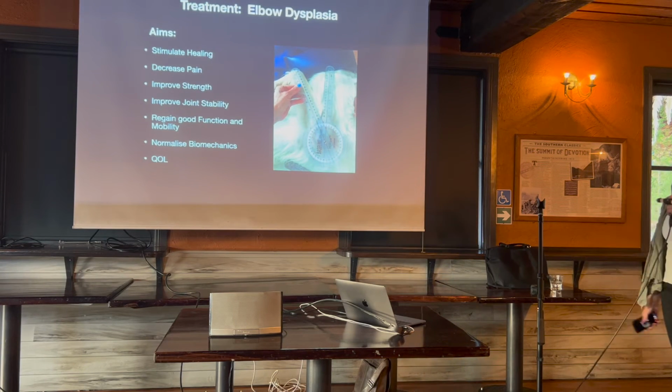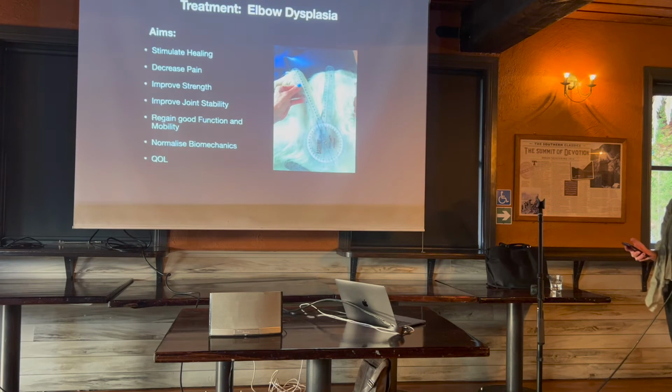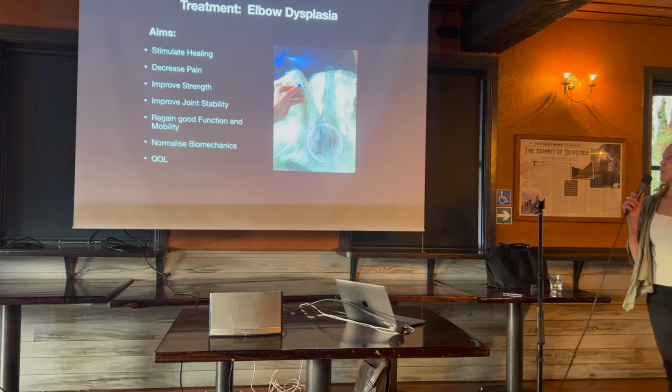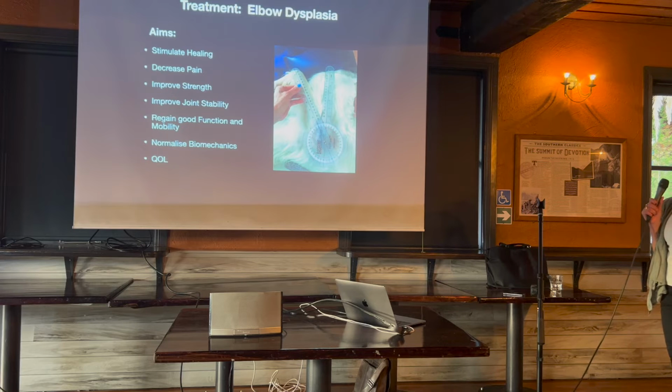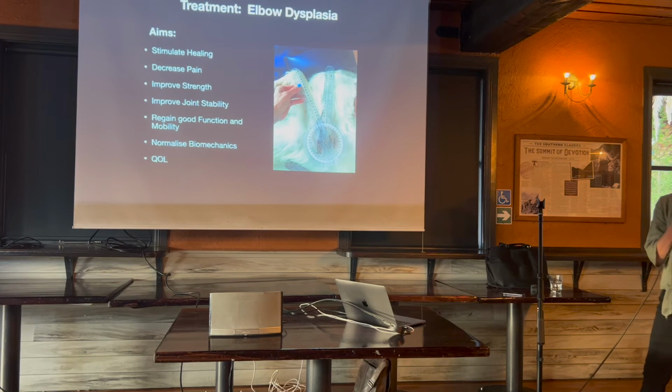So our basic aims of treatment are we want to stimulate the healing process. We want to decrease pain, improve strength and stability, obviously regain good function and mobility. The big one is normalize biomechanics and improve their quality of life.